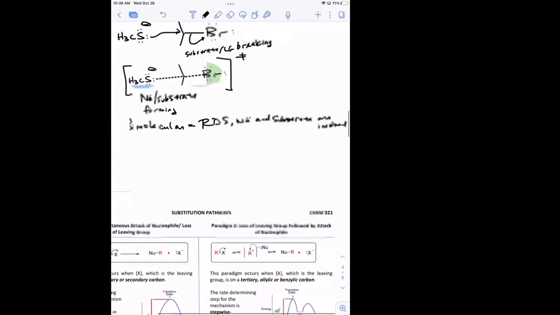That's why we say it's bimolecular. That's what the two means in SN2: in the rate determinant step, you've got two species involved. Right? Any questions so far?